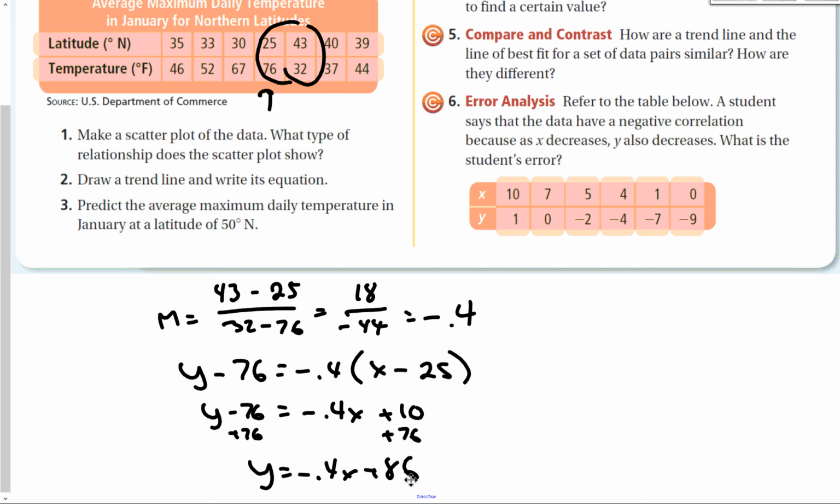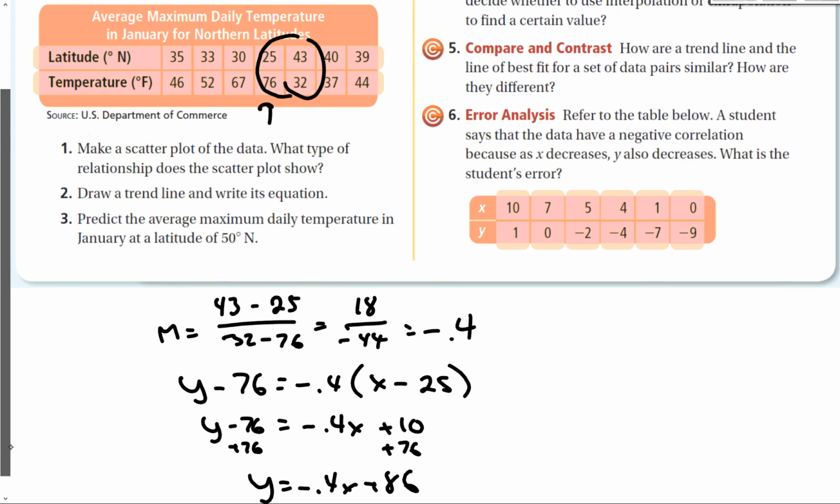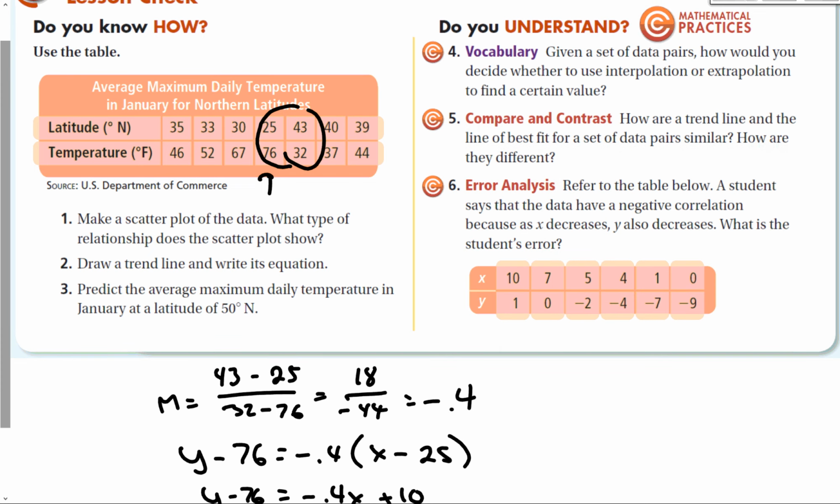So there's my equation. If I wanted to predict the maximum daily temperature in January at a latitude of 50 degrees, I would just plug 50 in for x to get an approximation. Number 4: given a set of data points, how would you decide whether to use interpolation or extrapolation?